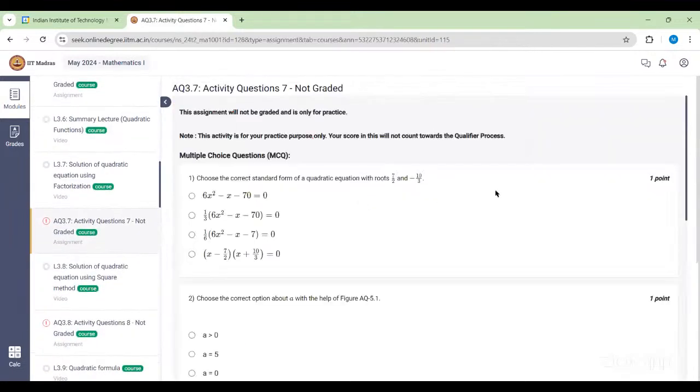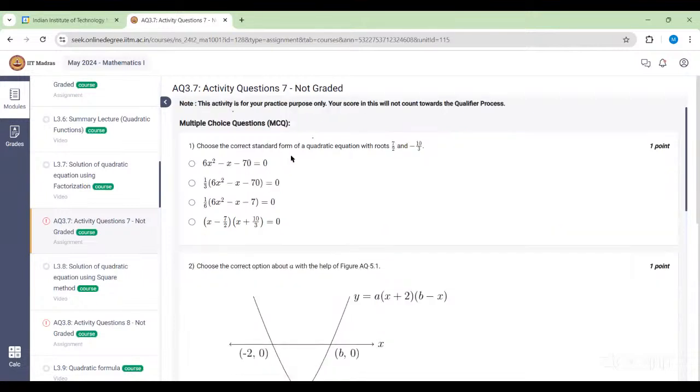3.7. Any doubt in 3.7? First question. Choose the correct standard form for the quadratic with these roots. What you have to do is just multiply them, right? If the roots are this, then the quadratic equation... Why x minus 7/2 and x plus 10/3 is not the correct option, ma'am?